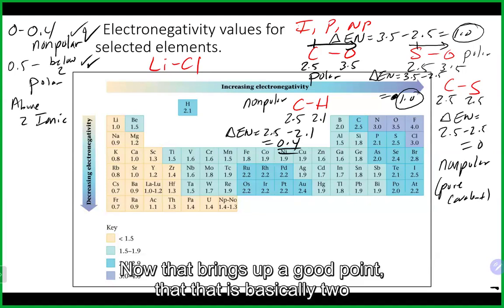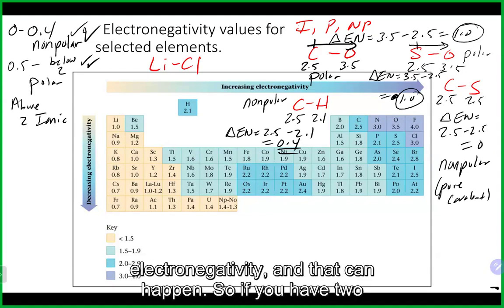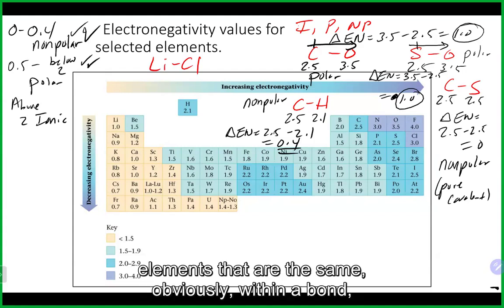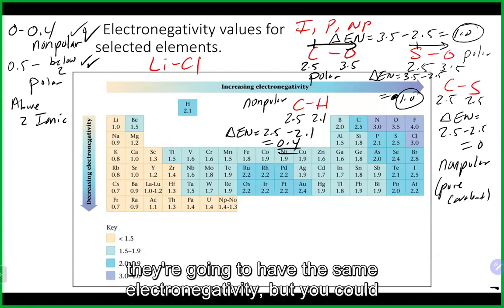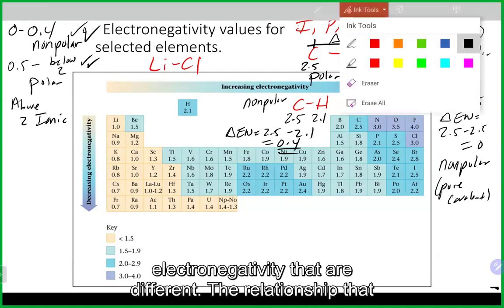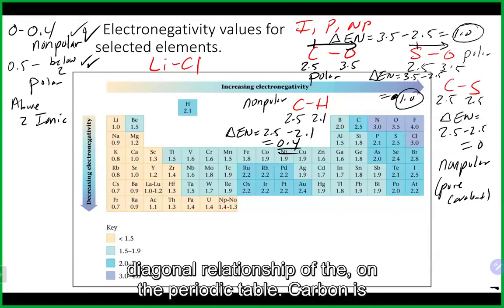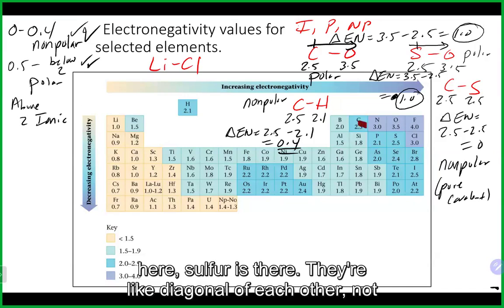Now, that brings up a good point: two different elements can share the same electronegativity. If you have two elements that are the same within a bond, they're obviously going to have the same electronegativity, but you could also have two different elements that share the same electronegativity. The relationship that comes from is sometimes referred to as the diagonal relationship on the periodic table. Carbon is here, sulfur is there.